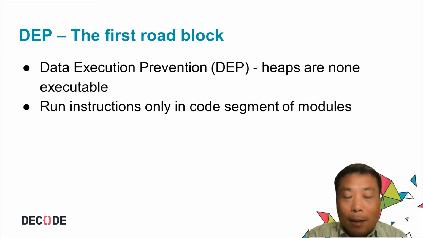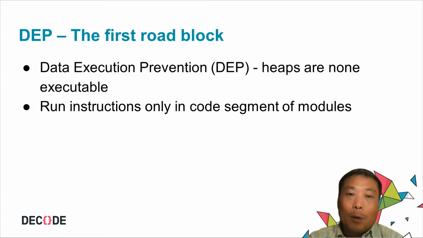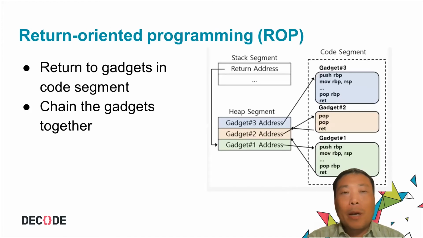So it effectively stopped our shellcode from execution. Once the code jumps to our shellcode, the program will crash. Okay, so what can we do with it? So here comes return-oriented programming.